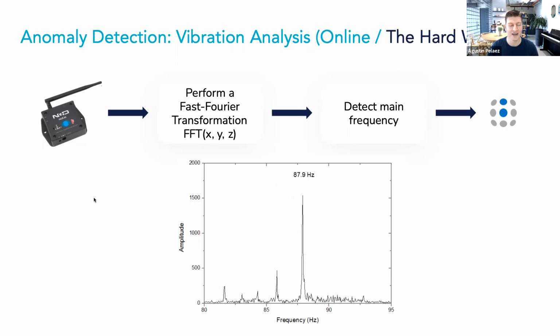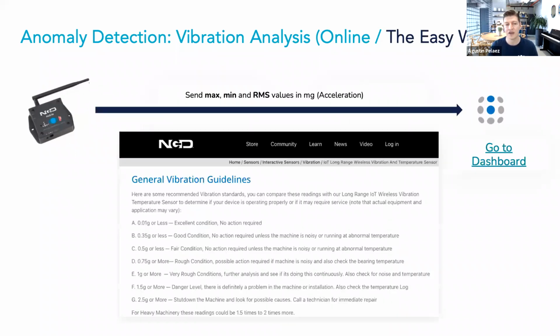If you remember the Nyquist theorem that said you have to sample something at 2 times the frequency that you wish to observe, then we would have to sample at, I don't know, 200 hertz, which would be 200 samples per second. So to get one reading, we would need 200 samples and then send that to the cloud, and it would just be bandwidth heavy and processing heavy. So what the NCD guys did, which I think is very practical, is they sample at 500 millisecond intervals.